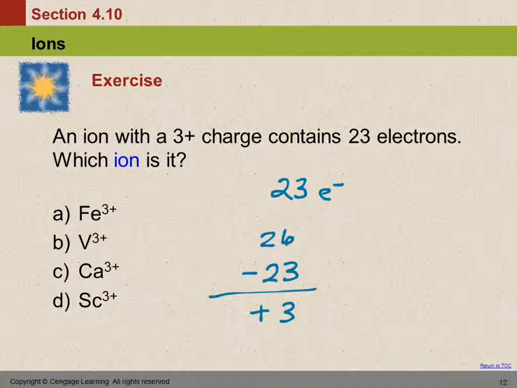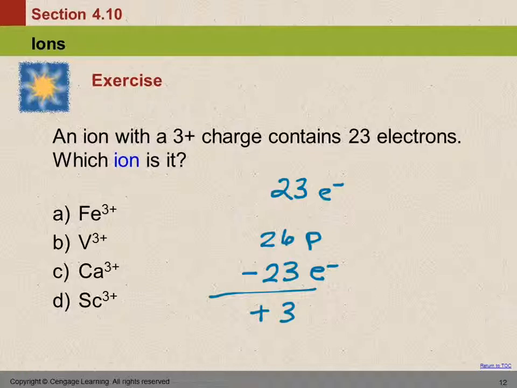So all of these choices have a +3 charge. How do we know which element this is? We're not going to look for 23 protons, even though 23 was the number of electrons. We're going to look for 26, right? And element 26 is iron.